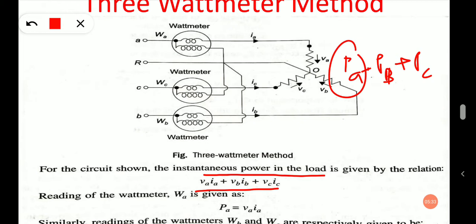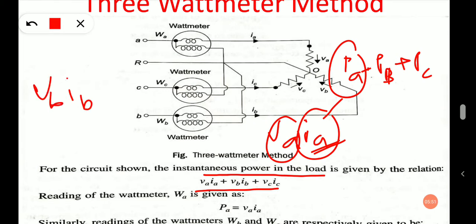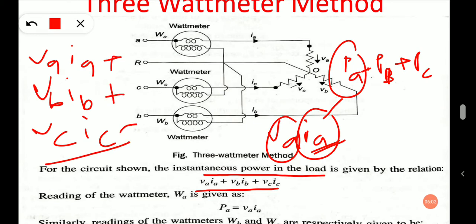For power of A phase we can write VAIA. VA is voltage for that particular phase and IA is the current flowing through A phase. Similarly, for B phase VBIB and for C phase VCIC. So VAIA plus VBIB plus VCIC is the instantaneous power in the load for the circuit which is shown.